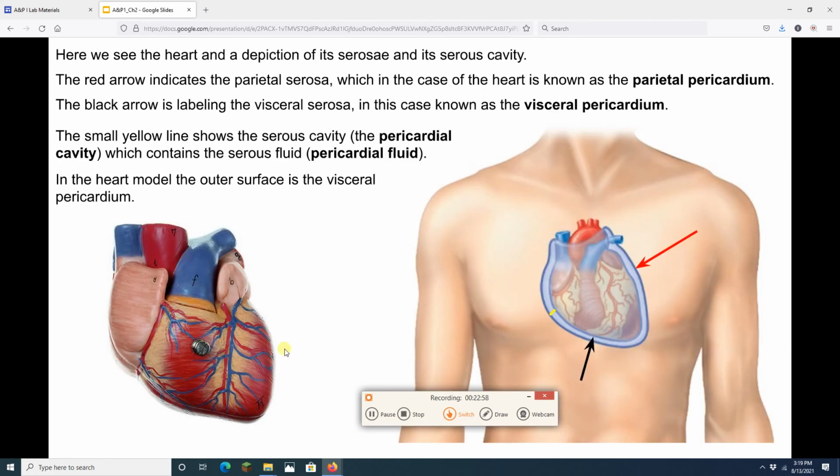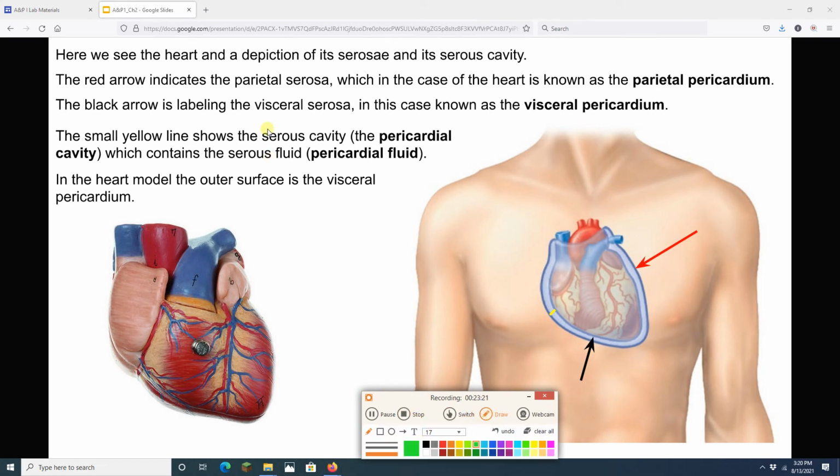Okay? So, in this heart here, around it, there is this first layer right there. The black arrow is pointing at it. That layer just outside the heart, the inner of the two, is called the visceral pericardium. It is an example of a visceral serosa. Because peri means around, cardium means heart, because it's around the heart, it's the visceral pericardium.